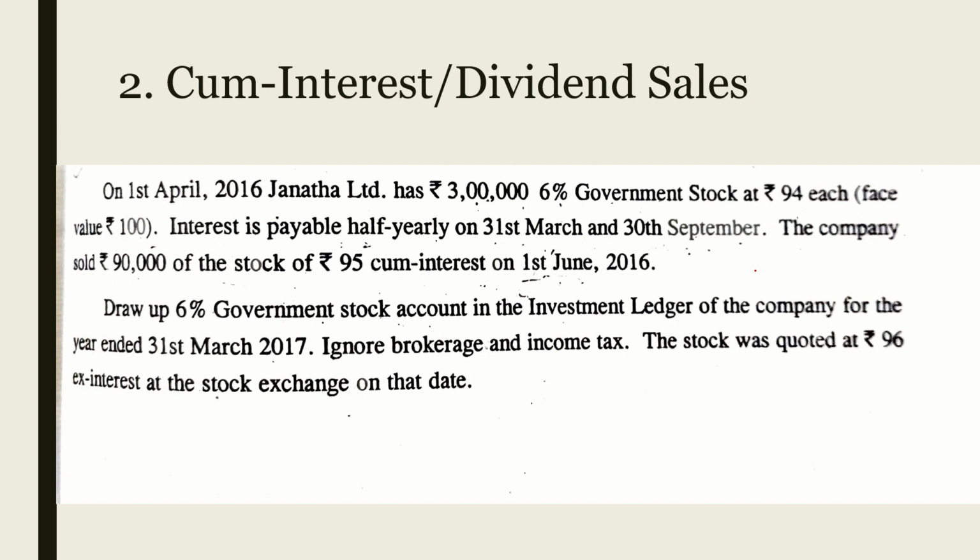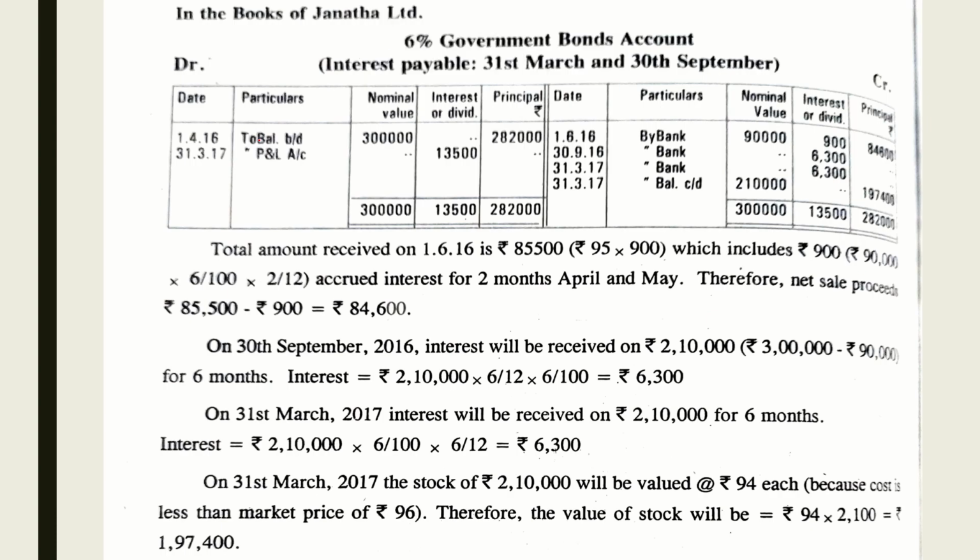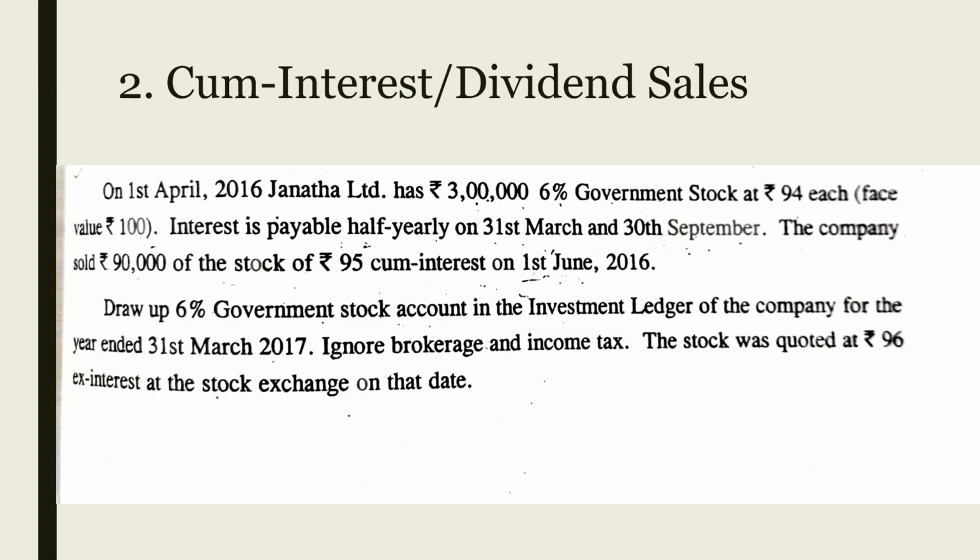So we will record it as balance brought down 3 lakh, 1st April 2016, to balance brought down 3 lakh. That will be the nominal value. Then interest is payable half yearly on 31st March and 30th September.